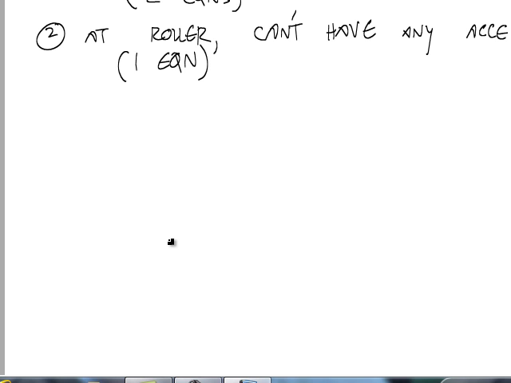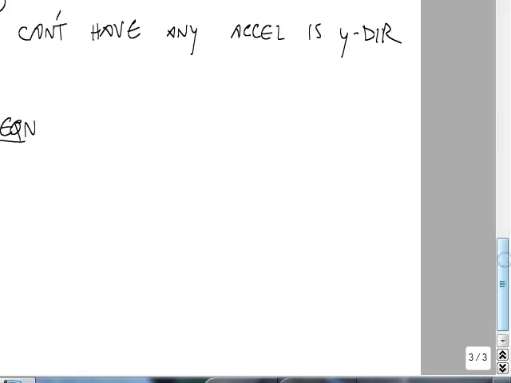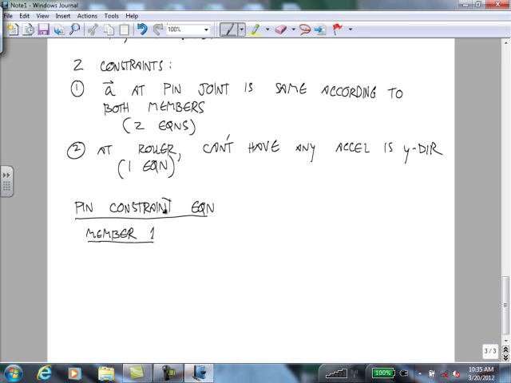So first, let's work on the pin constraint equation. According to member 1, we want to calculate the acceleration of that pin. What equations do we have to use for this? We know that we always have to use this one.